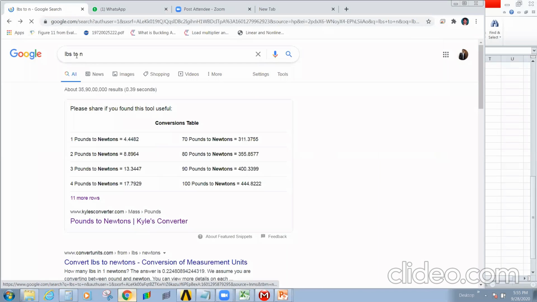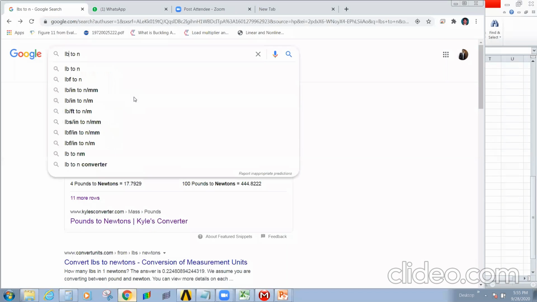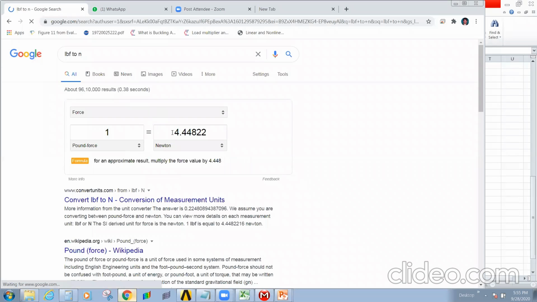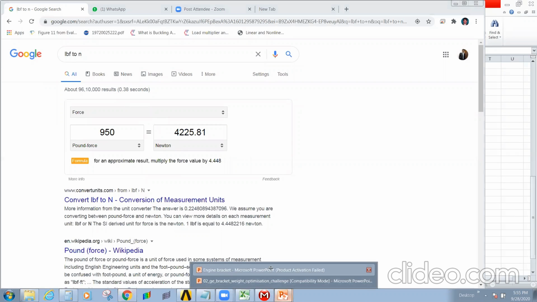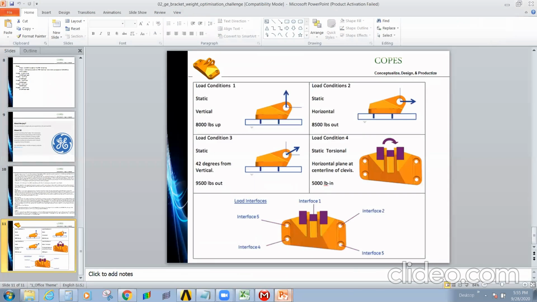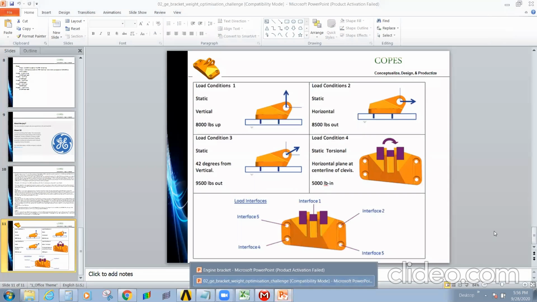Let me check once. LBS and LBF don't make much difference. The value is 4.48, as the conversion might change, if I consider 9,500 LBS.